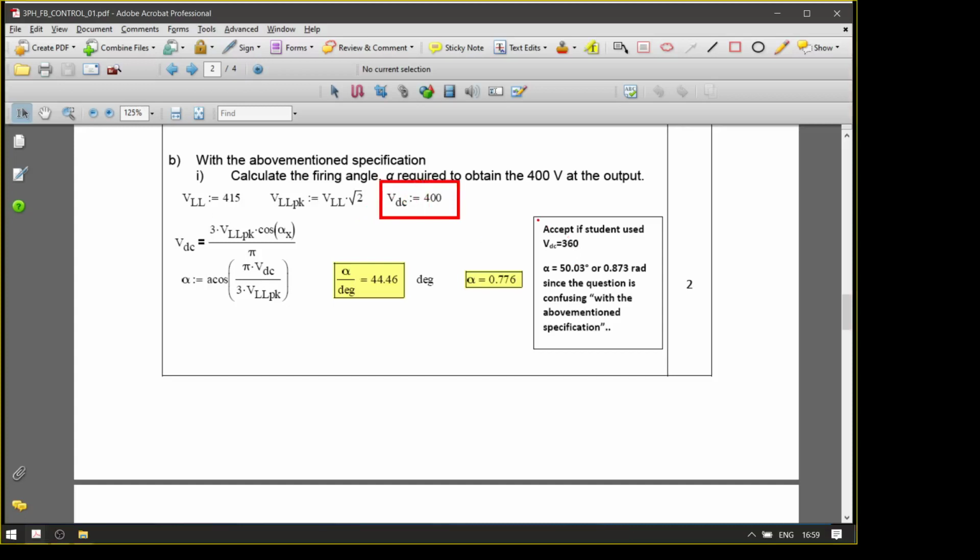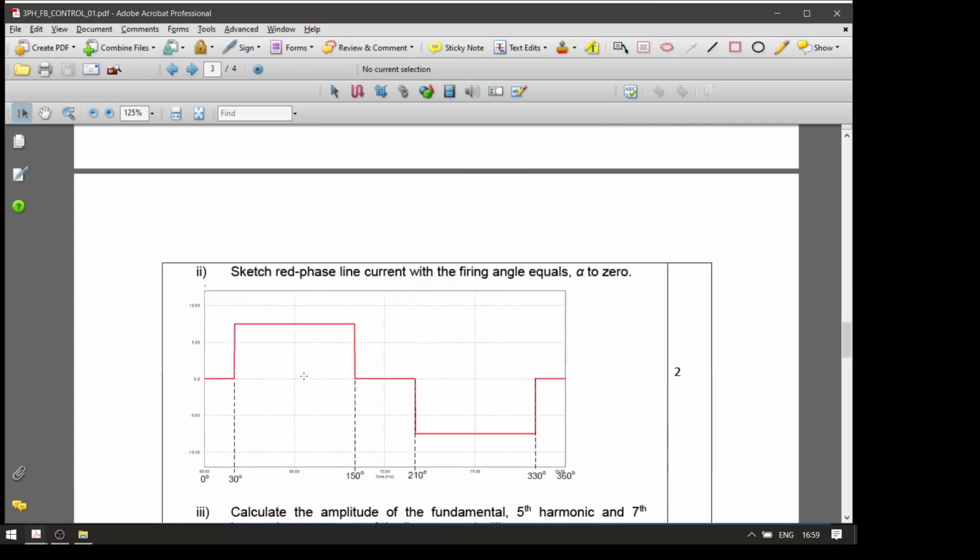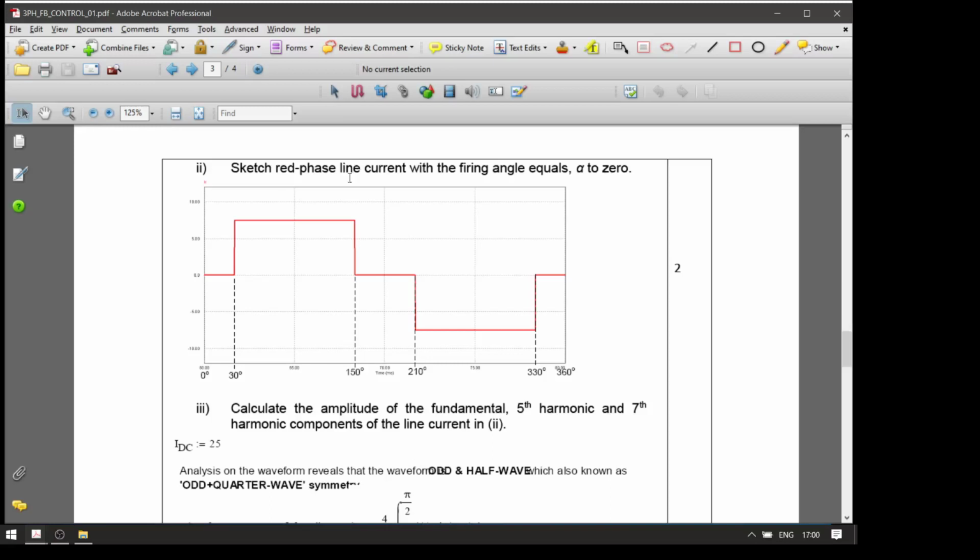But since we have some confusion, in the final exam some of the students still used the 360 degree because of the confusing statement of the above mentioned specification here. And that's why we still accept if the student uses 360 degree to get the answers.